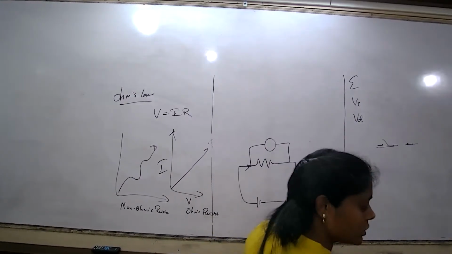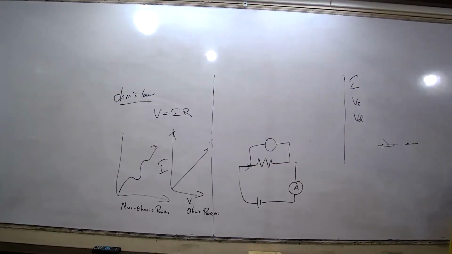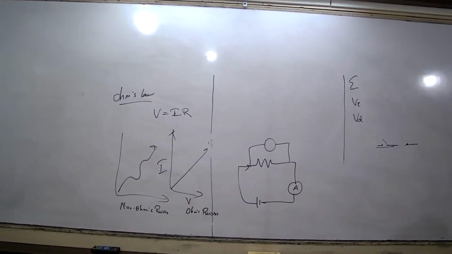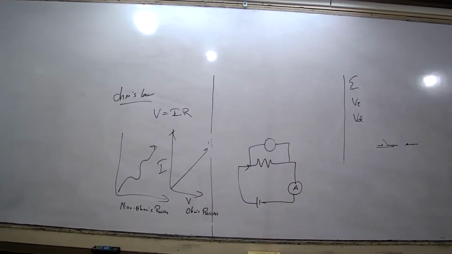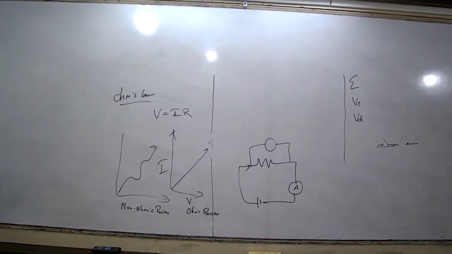Then another instrument also can determine the current: the galvanometer. A galvanometer is used for two purposes. One purpose is that if we are getting a very small amount of current, we can still detect it. And another thing, it shows the direction of the current.